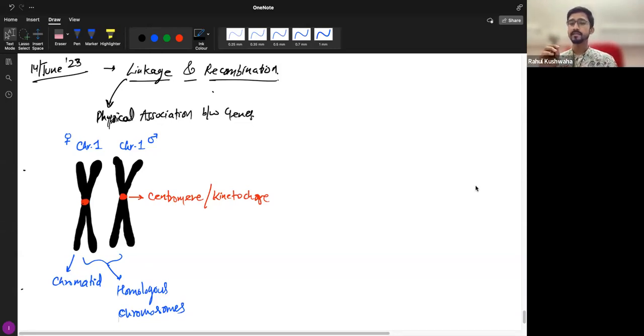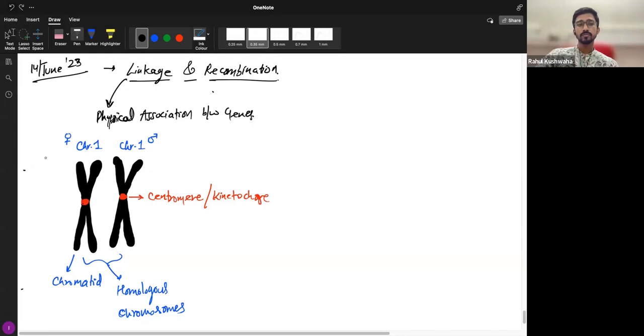Chromatids are single. So this chromosome, let me use another color, when it divides during meiosis, it just divides from the center, like this, and separates. This becomes one chromatid and this becomes the other chromatid.